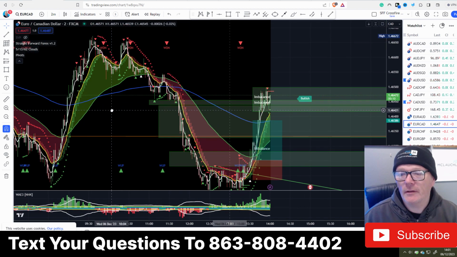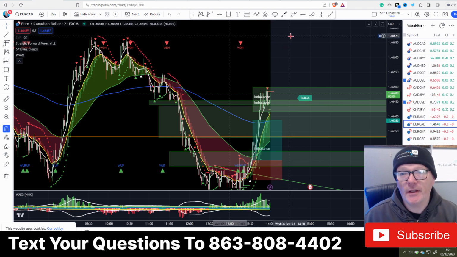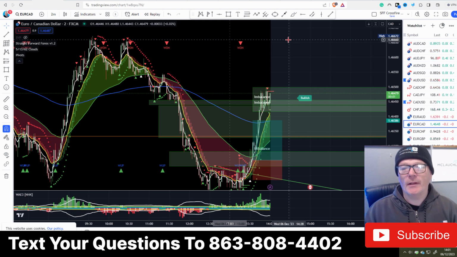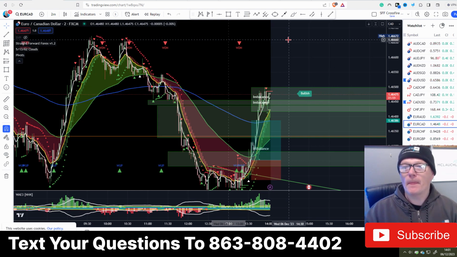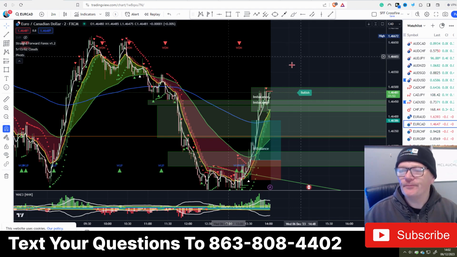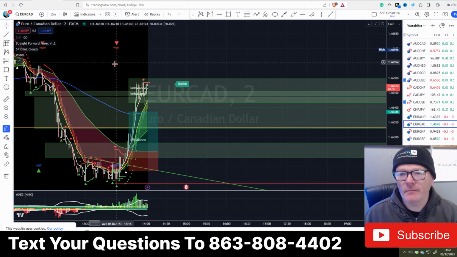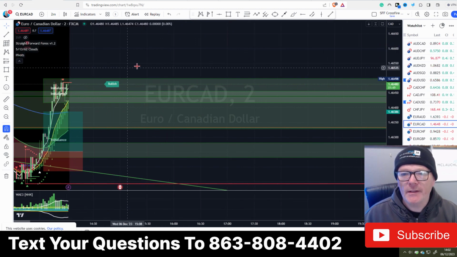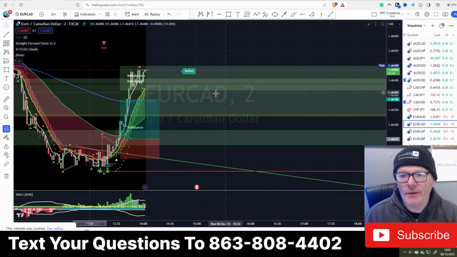So if we look at the way this has gone, potentially price could even go up to here to meet that higher high. But the other thing about putting this box on is that you've also just identified support and resistance.